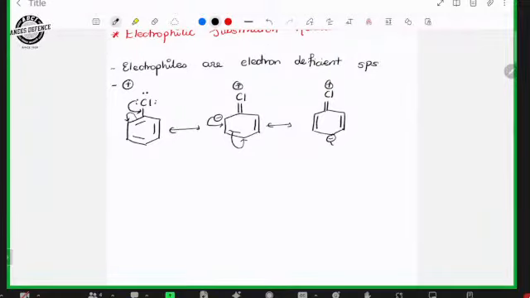The negative charge again will come at this position, this pi bond will break and it will come at the ortho position. This negative part will come and the Cl will get stabilized.